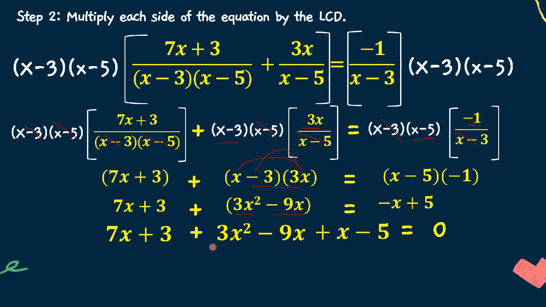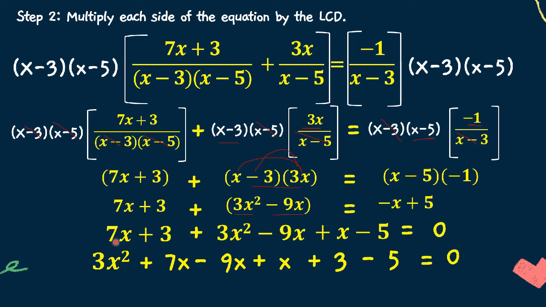First, we write the term with the highest exponent, 3x squared. It has no like term, so simply copy 3x squared. Next, we have 7x, negative 9x, and positive x, the like terms. We also have plus 3 minus 5, equal to 0.